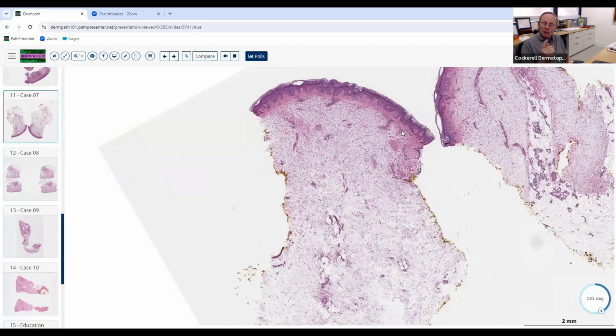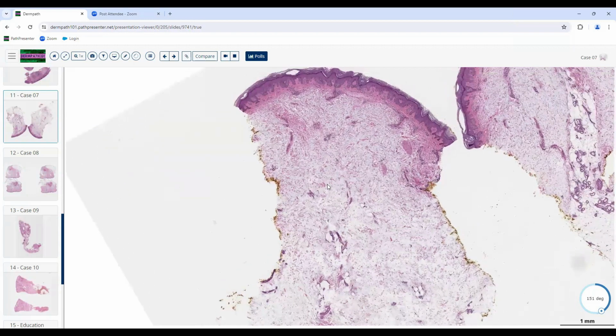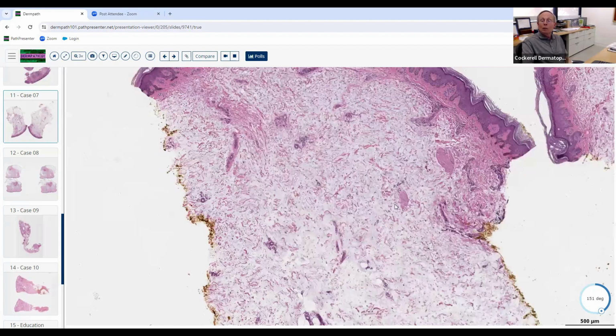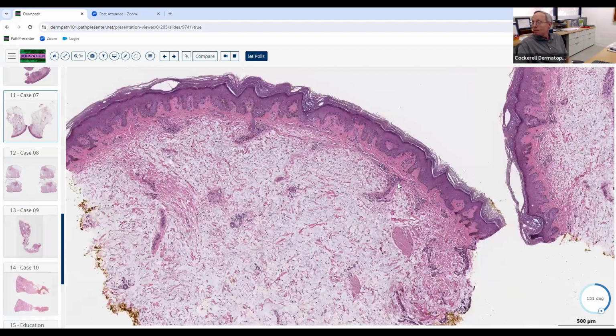But generally, when the collagen is no longer there and something is there instead of it, think that it may be a deposit. If it's a deposit, you want to ask yourself, what is that stuff that's deposited there? And I thought it was mucin. That was good. You're exactly right. It is mucin. And there's a little bit of a sparse infiltrate here.